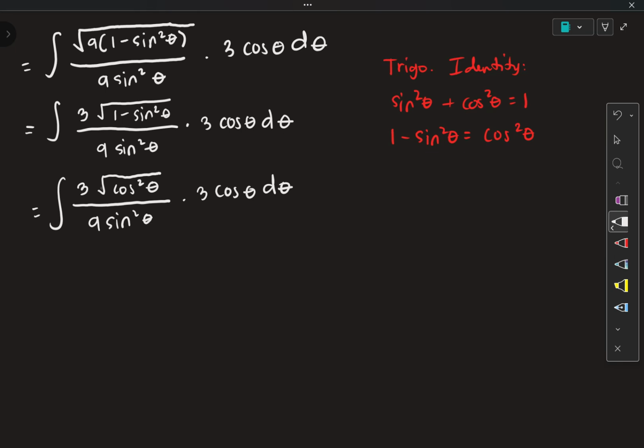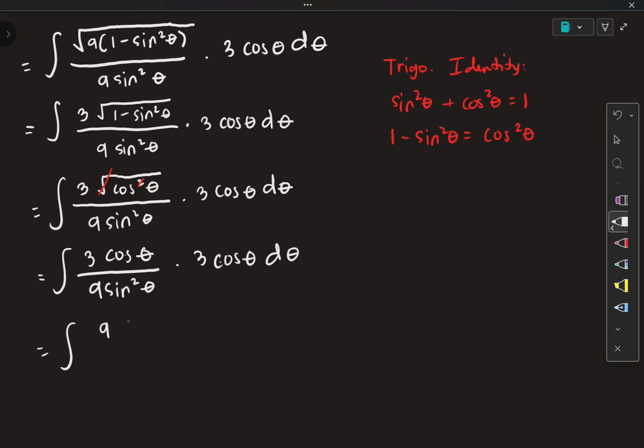The square root of cosine squared theta cancels out, so we have 3 cosine theta divided by 9 sine squared theta multiplied by 3 cosine theta d theta. Multiplying these gives 9 cosine squared theta divided by 9 sine squared theta d theta, wherein the 9 is cancelled out.